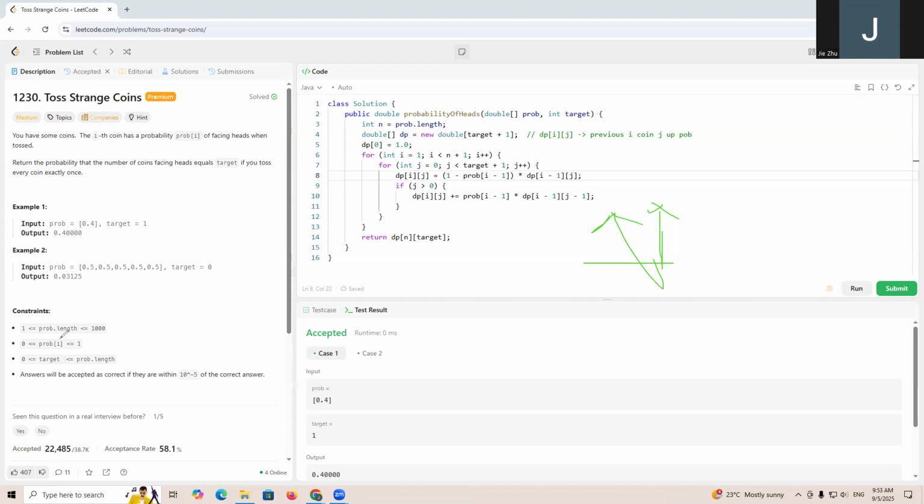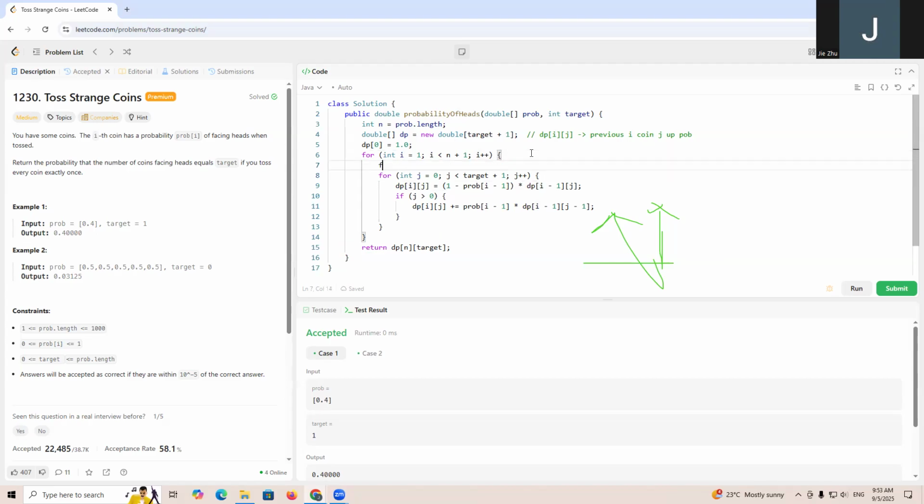So we can actually write for int j equals target, j greater than 0, j minus minus.